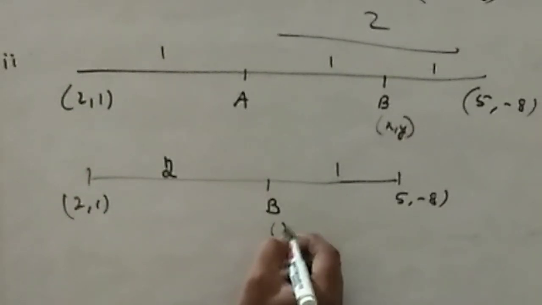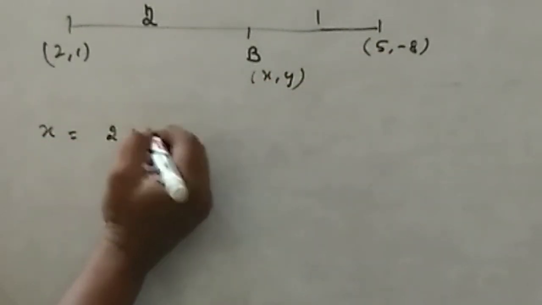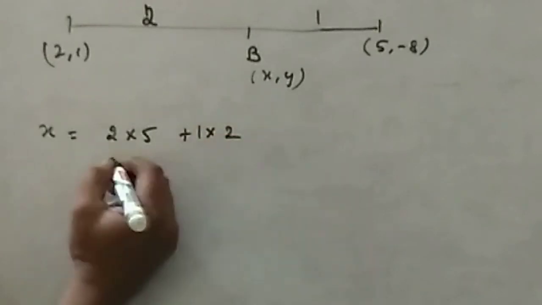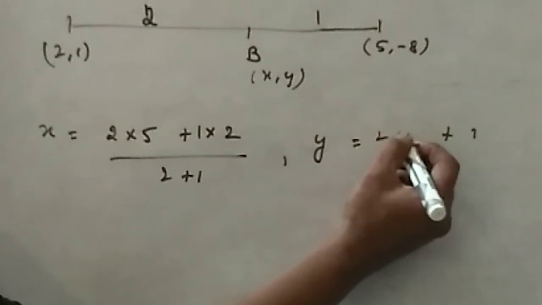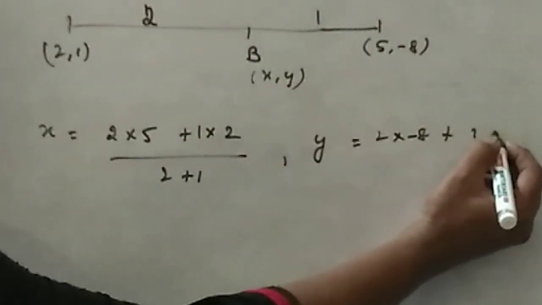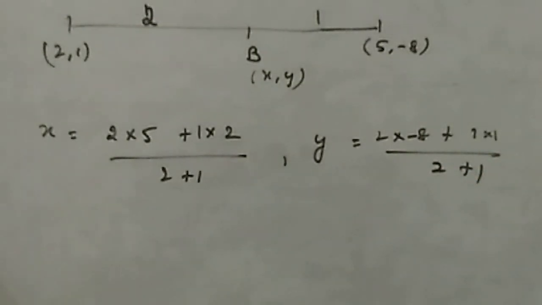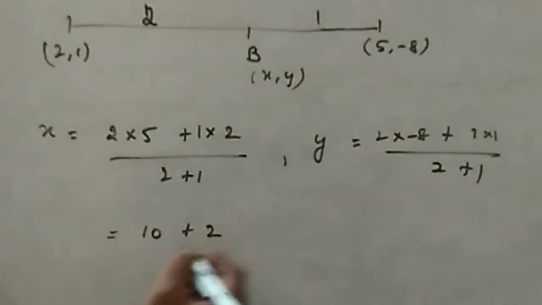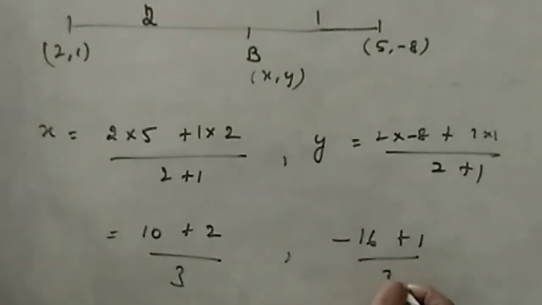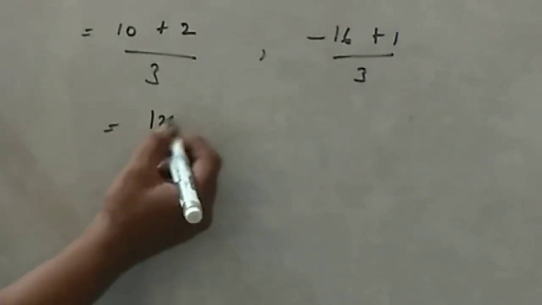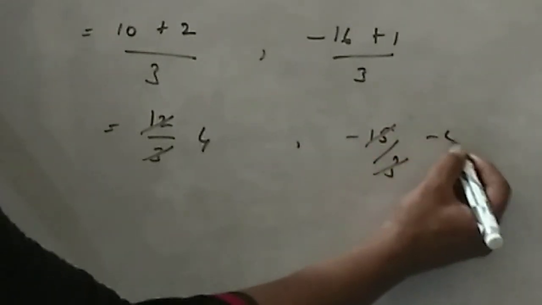Now multiply and get x is equal to 2 into 5 plus 1 into 2 upon 2 plus 1, and y is equal to 2 into -8 plus 1 into 1 upon 2 plus 1. Now 10 plus 2 upon 3, and here -16 plus 1 upon 3. So 12 upon 3 cancel, you will get 4, and -15 upon 3 cancel, you will get -5.